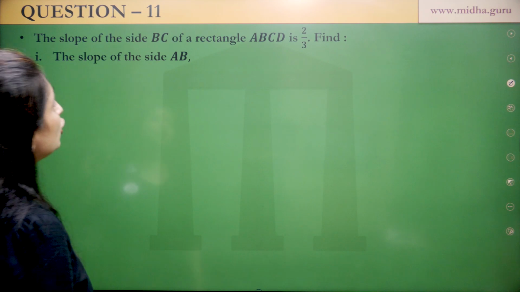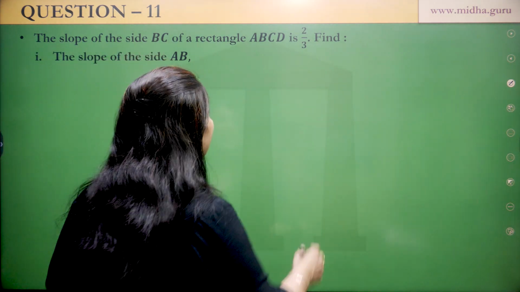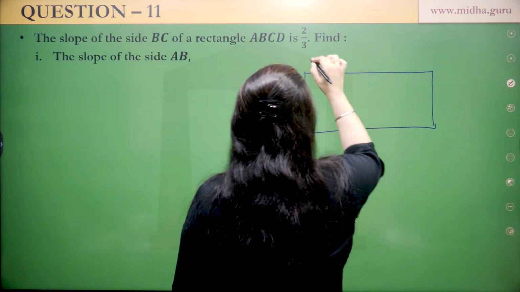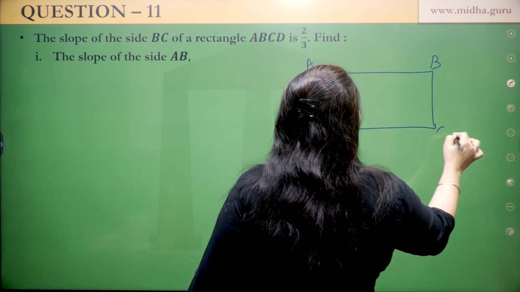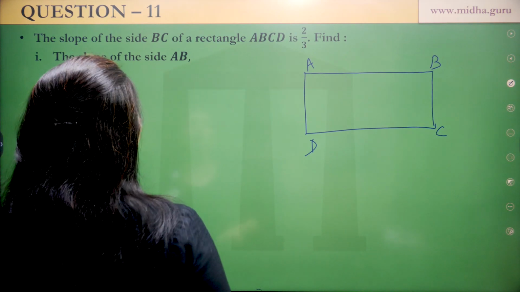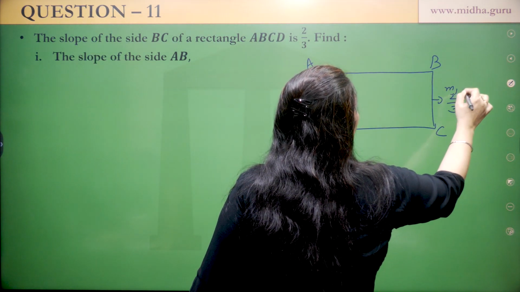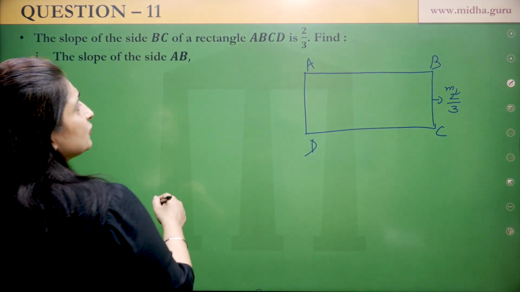Next is the slope of the side BC of a rectangle. This time it is a rectangle ABCD. What is given in the question is the slope of side BC. The slope of this side is 2 by 3, so m is 2 by 3. We have to find the slope of side AB.